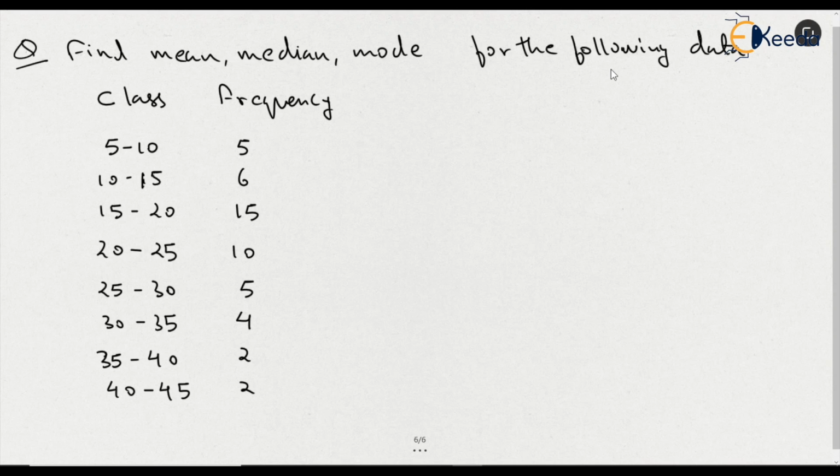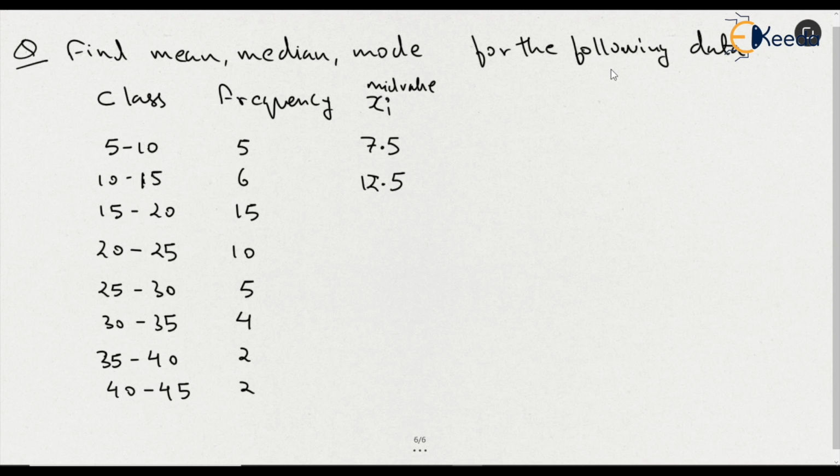What we can do is we can find the middle term, let's say xi. This is the middle value. So for 5 and 10, 5 plus 10 is 15, divided by 2 will give 7.5 as the middle term. Then 10, 15, 25, 25 by 2, this is 12.5.